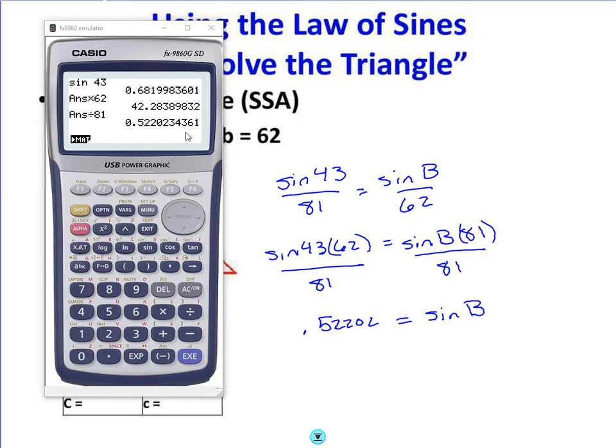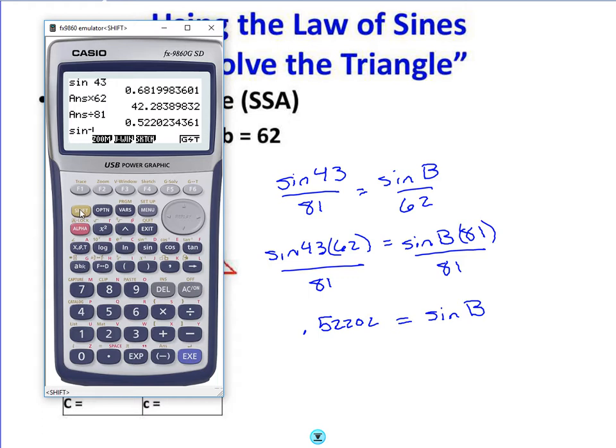Now, I wrote this down just for the purposes of being able to talk about it, but you are not going to round at this point. So what we have is that this number is equal to the sine of angle B, but I need to know what the actual measurement of angle B is. So this is where we have to do the inverse sine. Instead of trying to type that number in, I'm going to tell the calculator to use that answer, because even this is rounded, and I don't want it to be rounded.